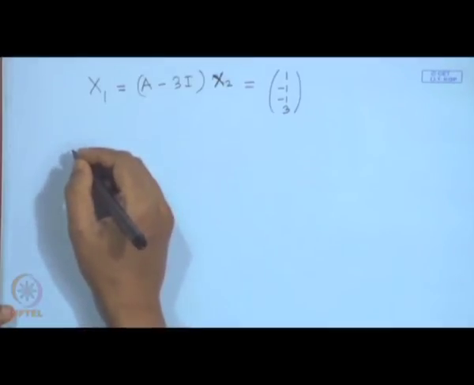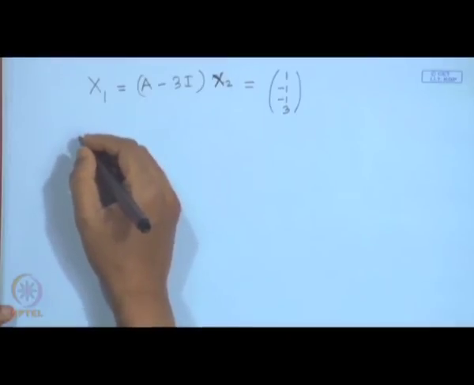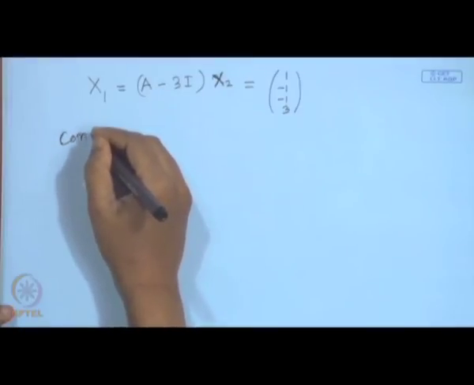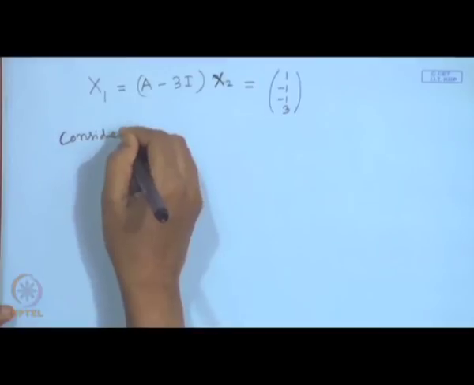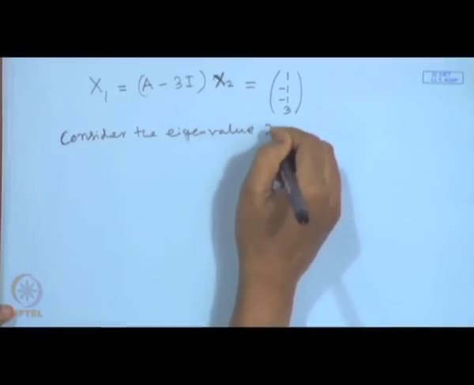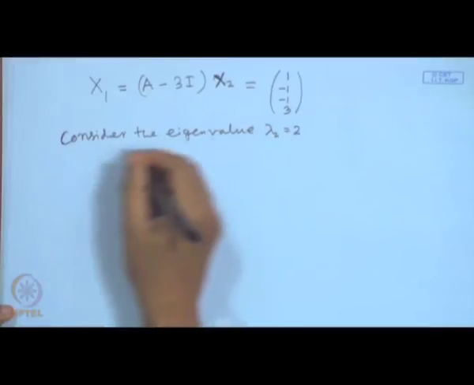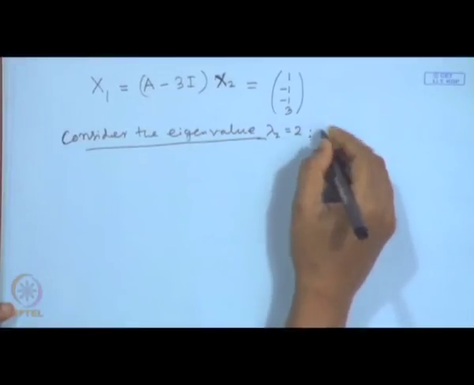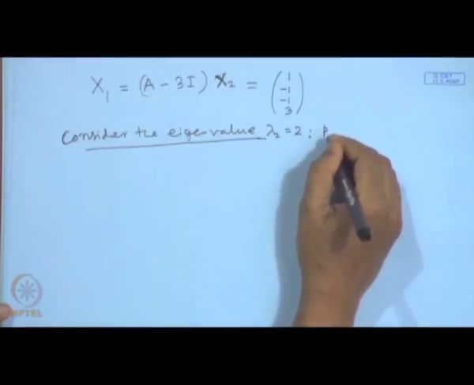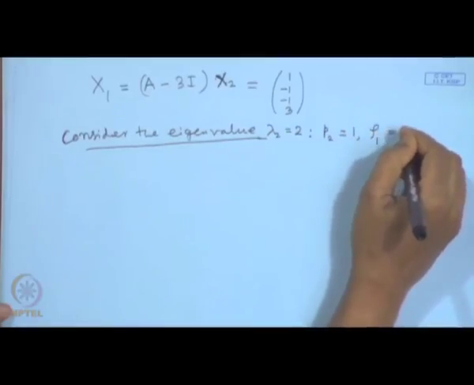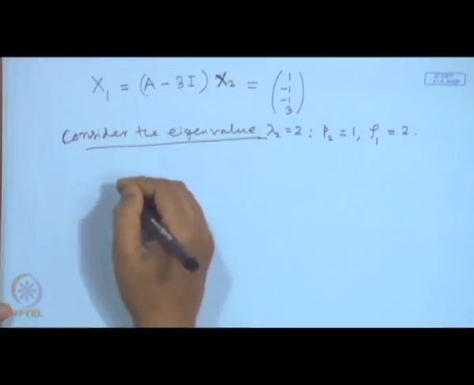Next we shall find generalized eigenvectors for the second eigenvalue. Consider the eigenvalue lambda 2, which is 2. For this, one can check that the value of P 2 is equal to 1 and the value of rho 1 is equal to 2.